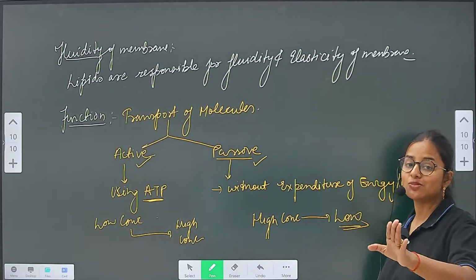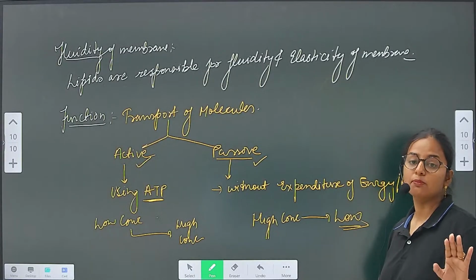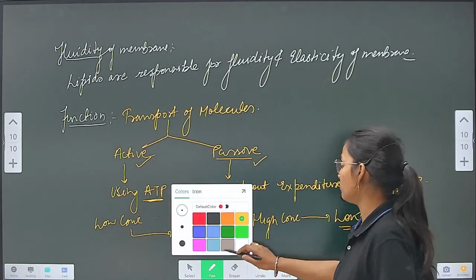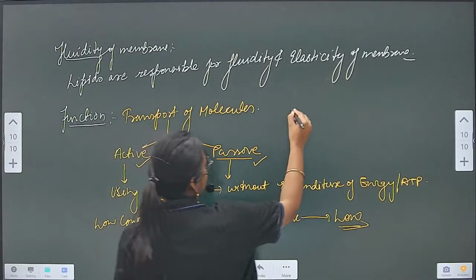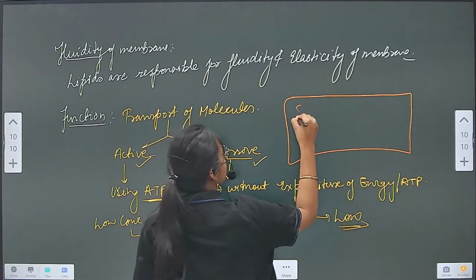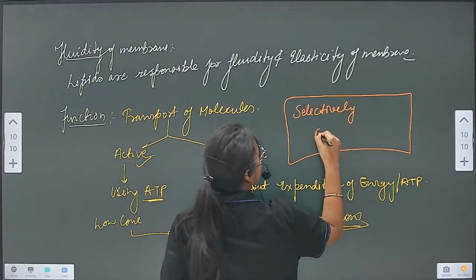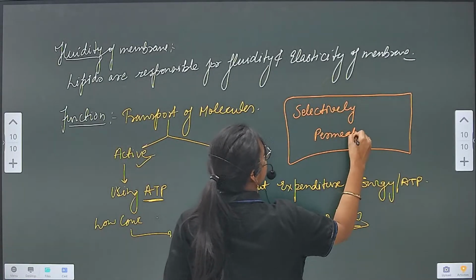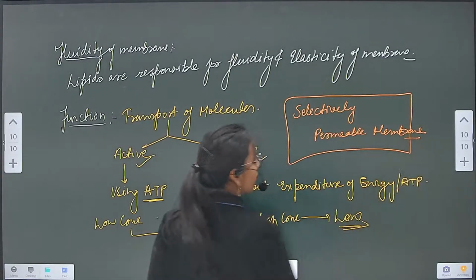That is why the plasma membrane is also called the selectively permeable membrane. Please note it down, very, very important. That's all about the plasma membrane of eukaryotes.